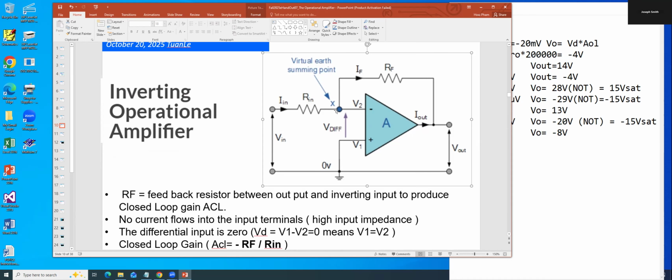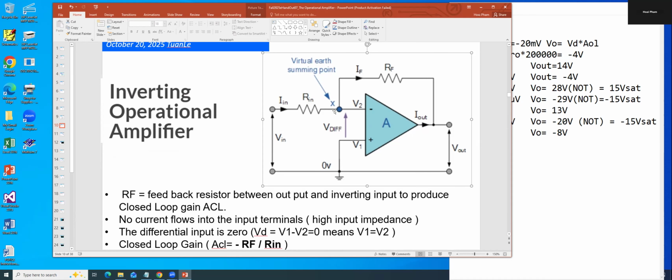Oh, because it's 0 volts? 0 volt, because V1 and V2 are the same. So if V1 is 0, then V2 has to be 0. Exactly. The thing is V different is 0, right? Right. That means no difference between V1 and V2. However, the point I care about is a virtual root.